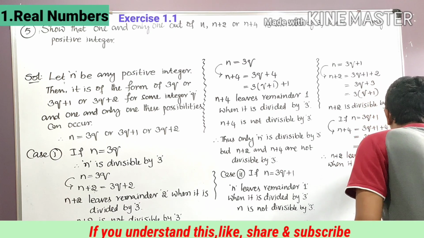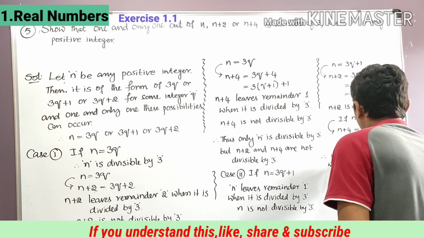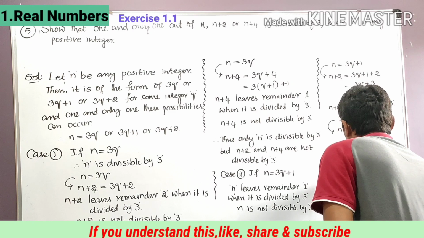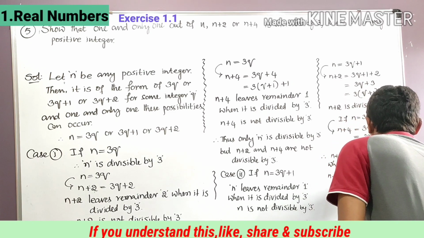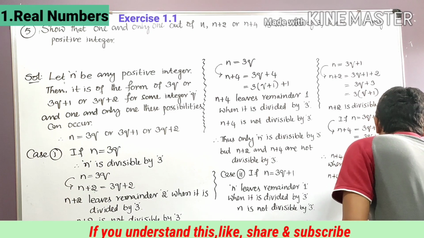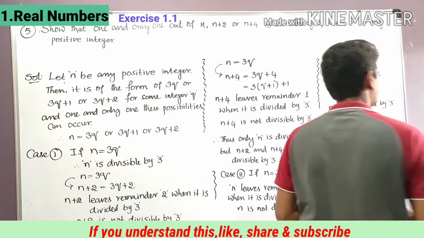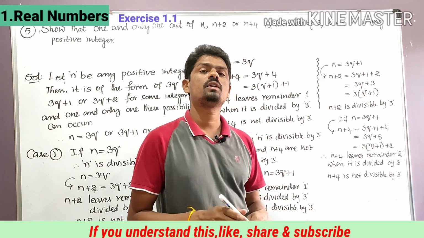So student, n plus, sorry, not 2, student, 4. n plus 4 is also not divisible by 3. So student, in the second case only n plus 2 is divisible by 3 but not n and n plus 4.